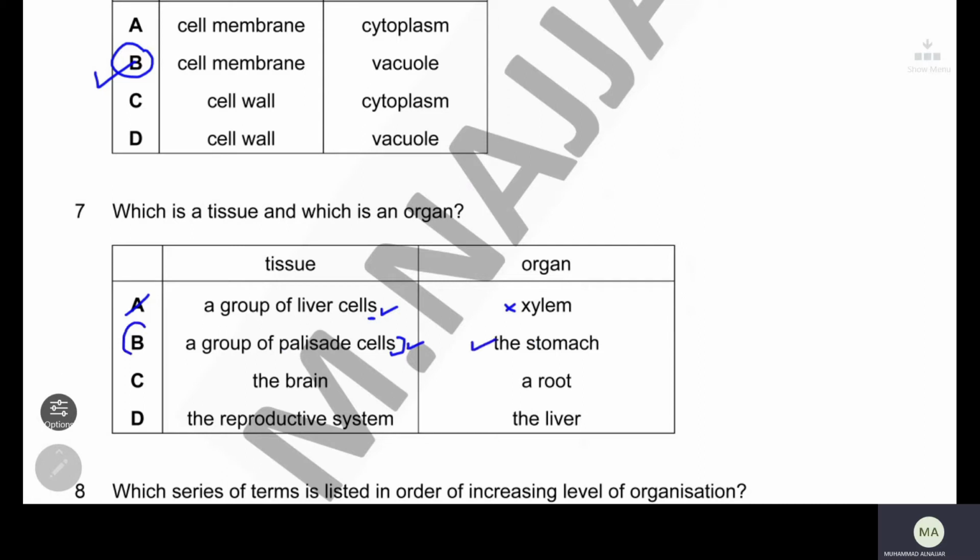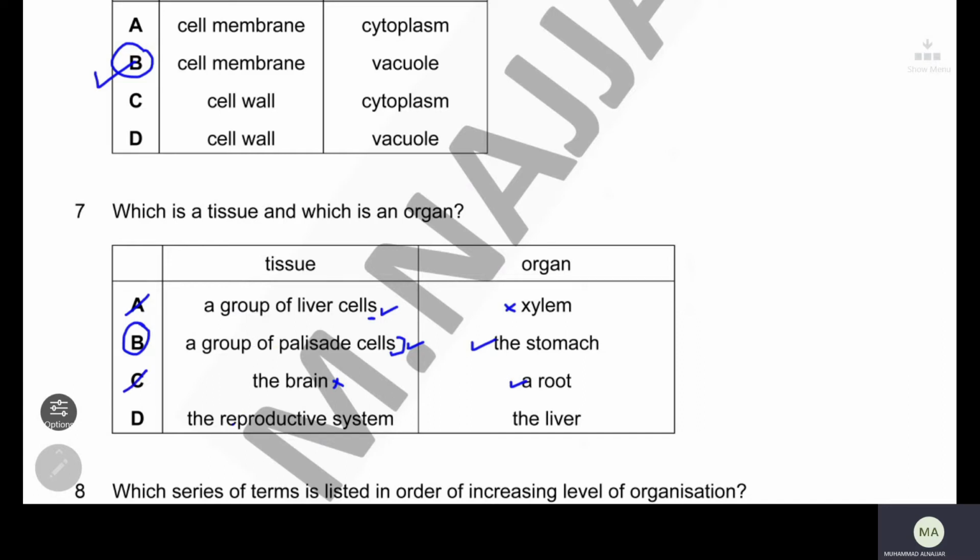If we continue, to know why we exclude C and D, just for confirmation that our answer is correct: the brain is a tissue? No, of course, the brain is an organ. And here the root is an organ, yes, but we will exclude it because the brain is not a tissue.